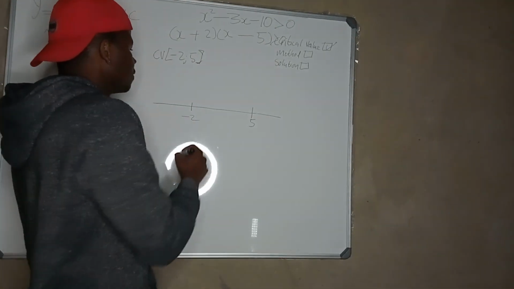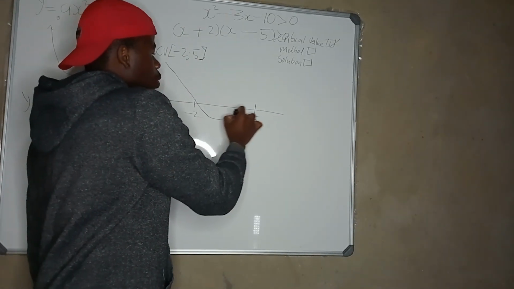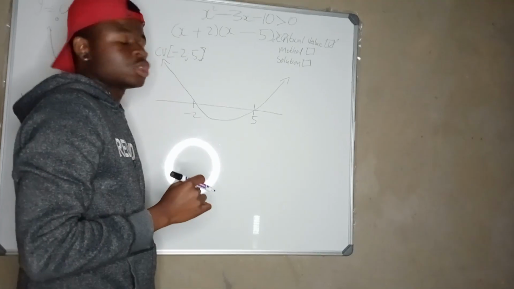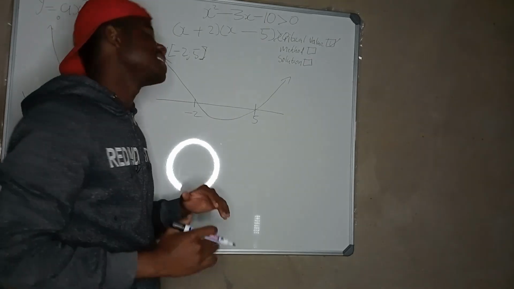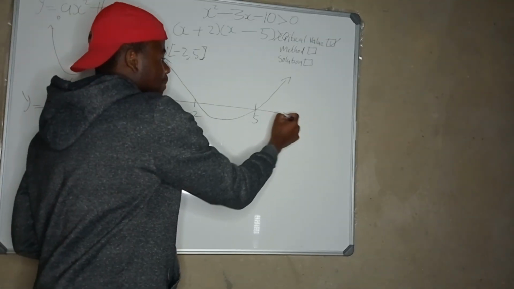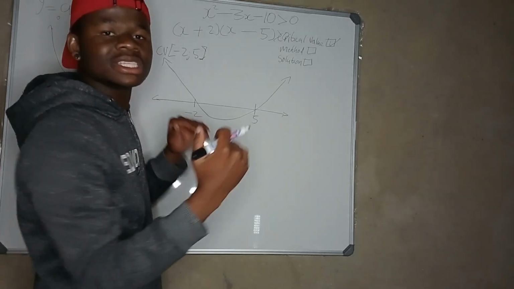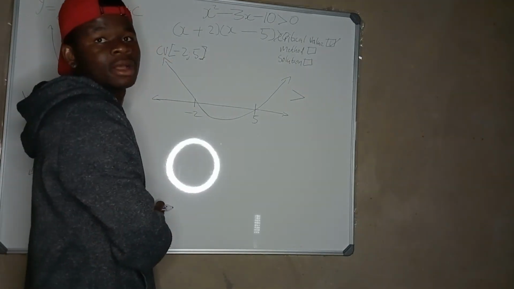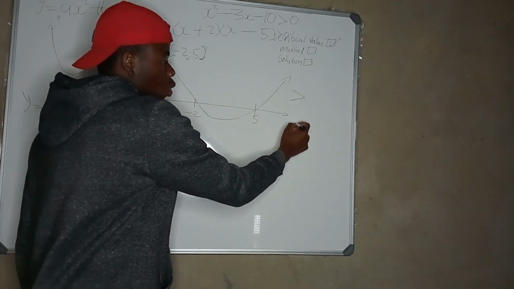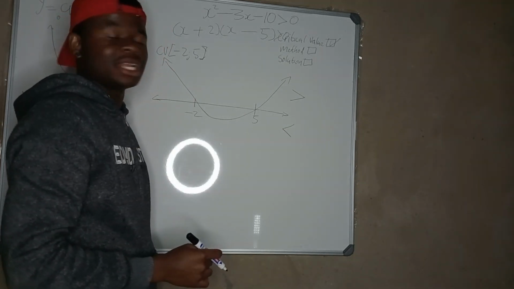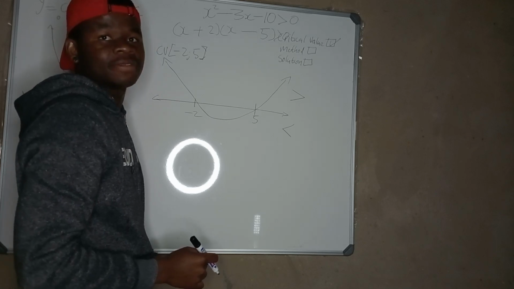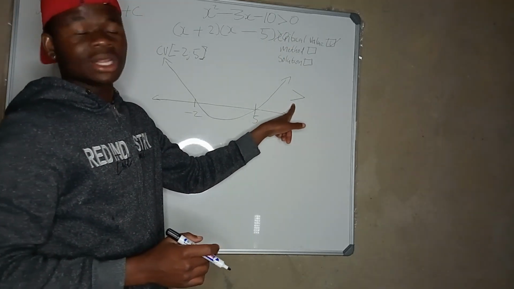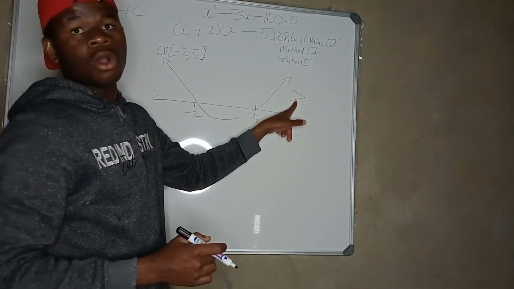If it is a positive, you are going to write your parabola here. If the parabola is above the number line, it is going to be greater, and when it is below the number line, it is going to be negative. Because they say greater here, we are going to take the solution for greater.